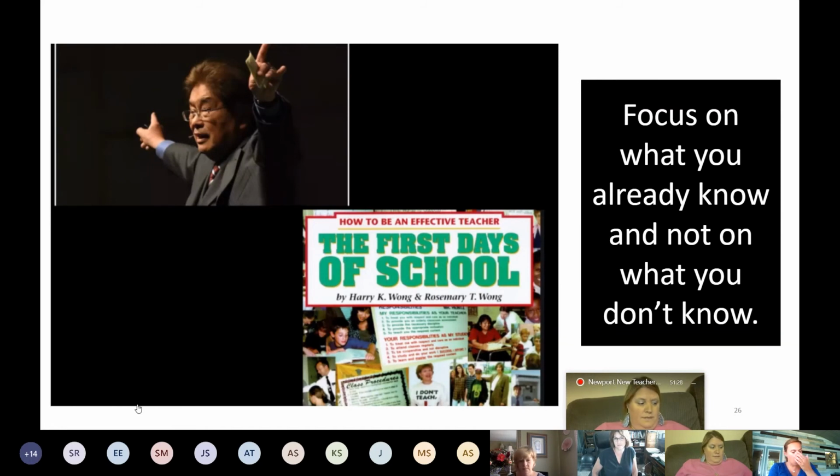We know how important it is to have solid classroom management with very specific expectations, procedures, and structures, so that kids really can master and learn the content.